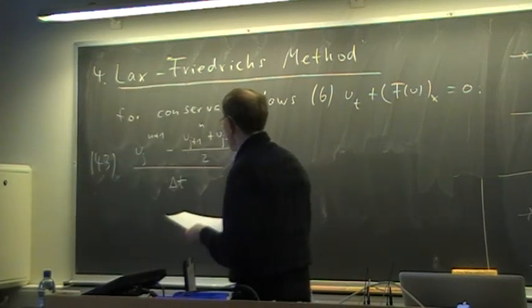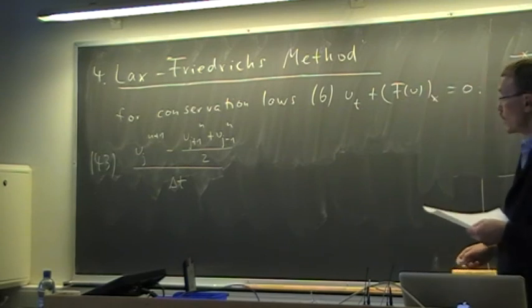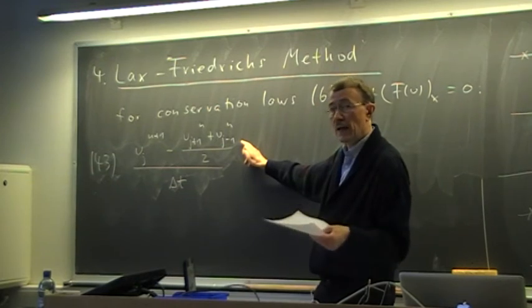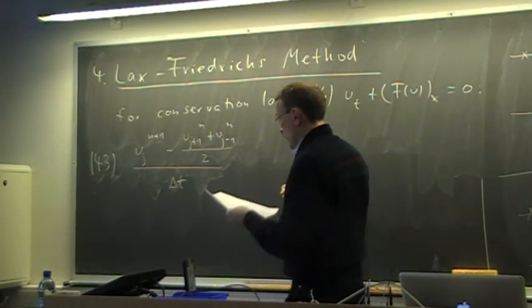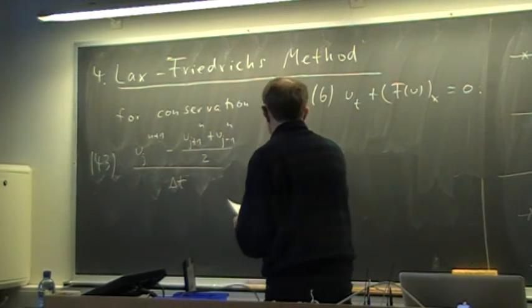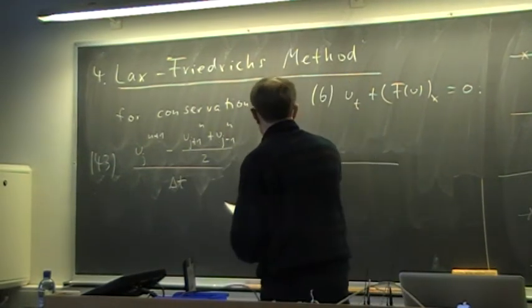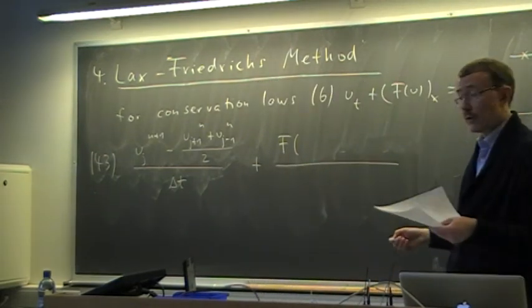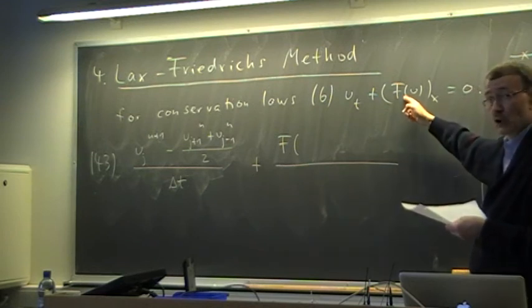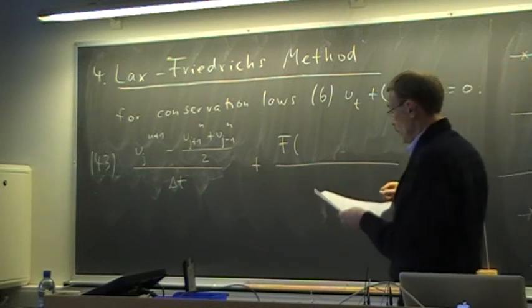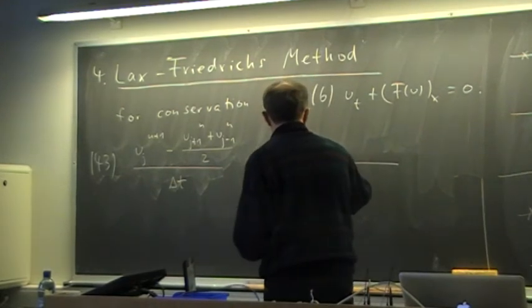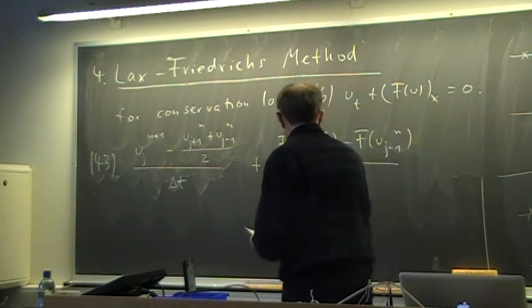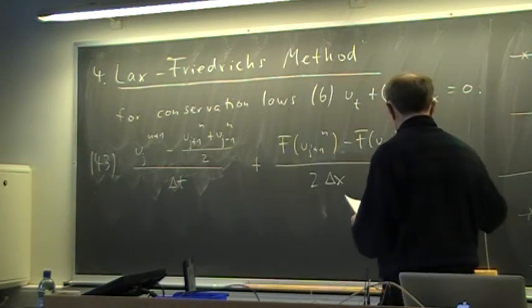So that is now our discretization of the time derivative. This is the trick. Instead of having here u_j^n, the average of the neighbors is taken. And then the discretization of the flux derivative is done by a central difference. So we take here the flux function for our conservation law, this f, u squared over 2 for the inviscid Burgers equation, at u_{j+1}^n minus f of u_{j-1}^n divided by 2 delta x. So that is 0.